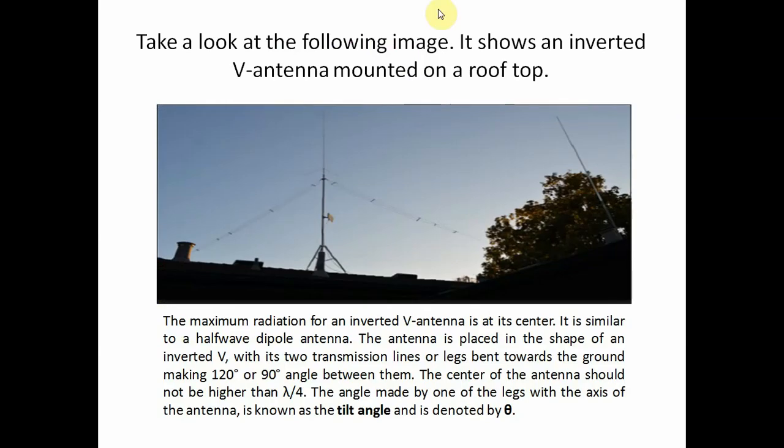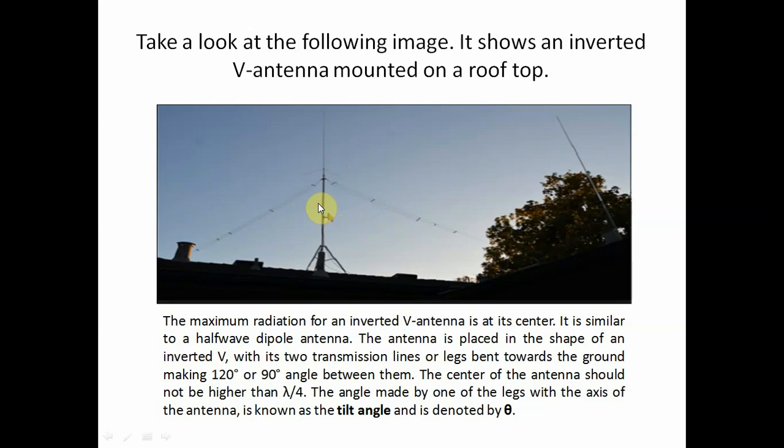Here is the actual construction of the inverted V type of antenna. This figure shows the inverted V antenna mounted on the roof of the top. The maximum radiation for the inverted V antenna is at its center, and it is similar to the half wave dipole antenna.